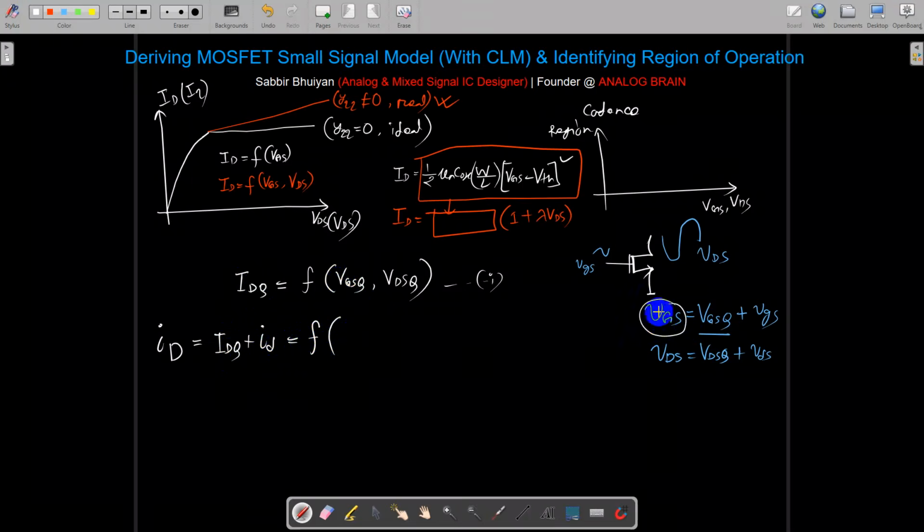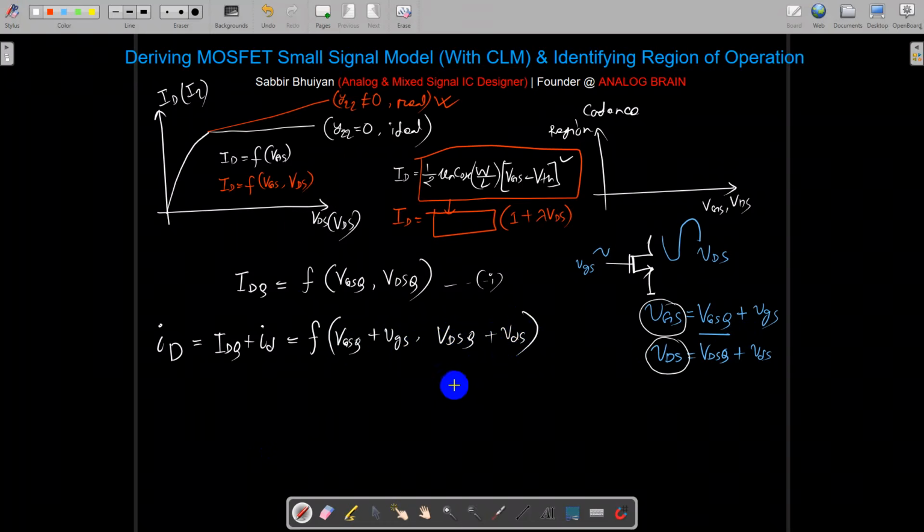This small v_GS and this small v_DS, or we can write simply f(V_GSQ + v_gs, V_DSQ + v_ds). Okay, nice.